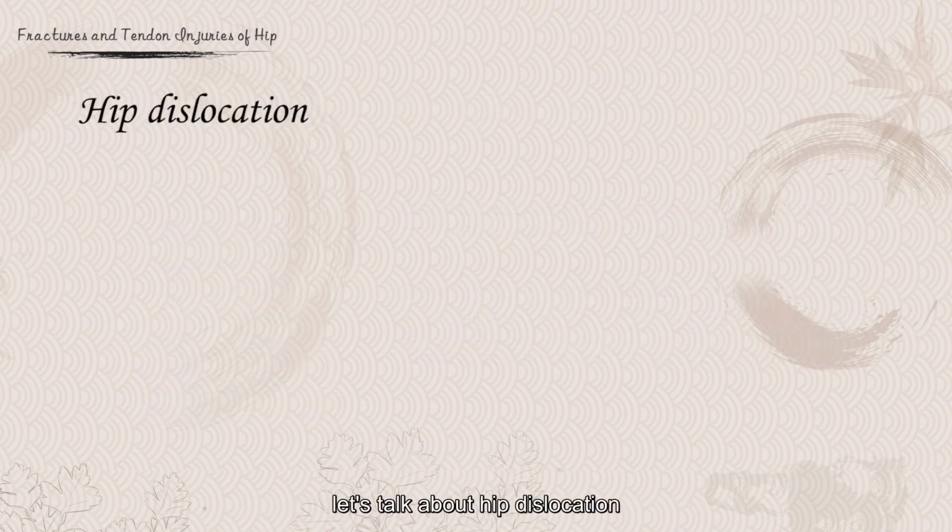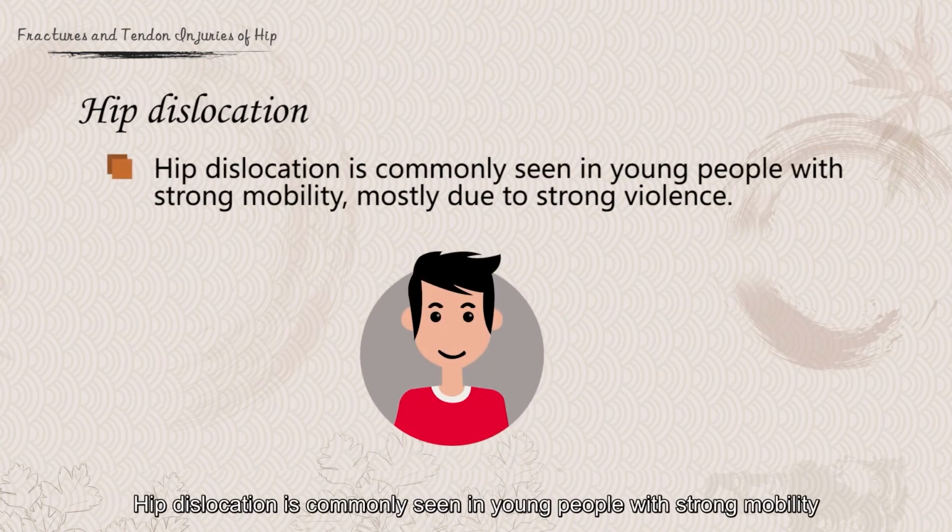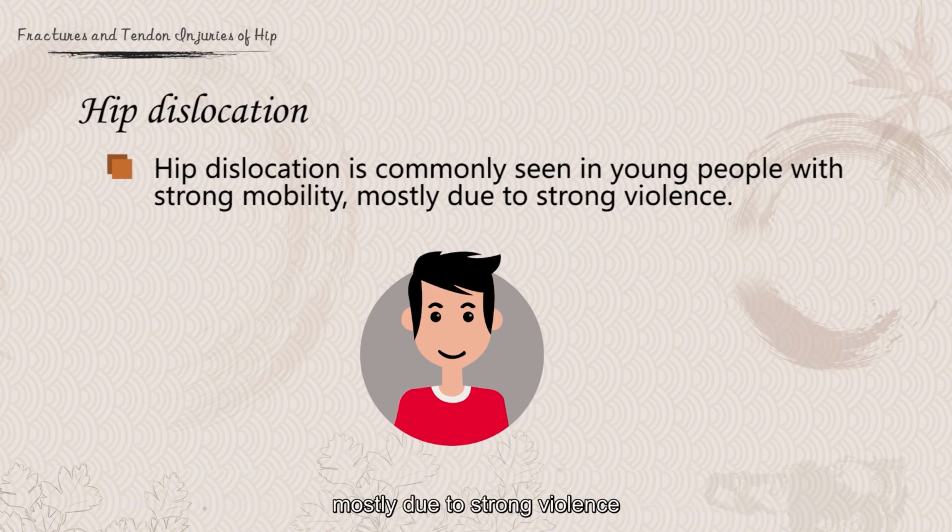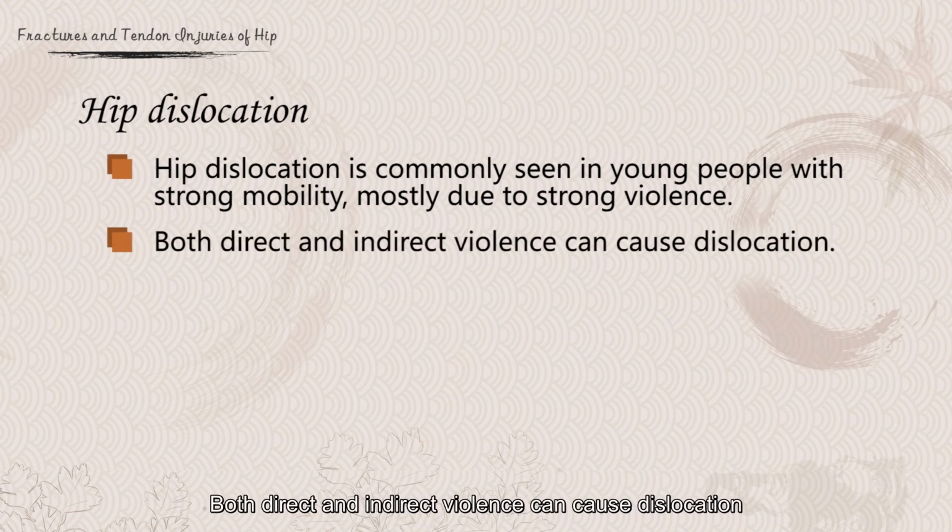Next, let's talk about hip dislocation. Hip dislocation is commonly seen in young people with strong mobility, mostly due to strong violence. Both direct and indirect violence can cause dislocation.